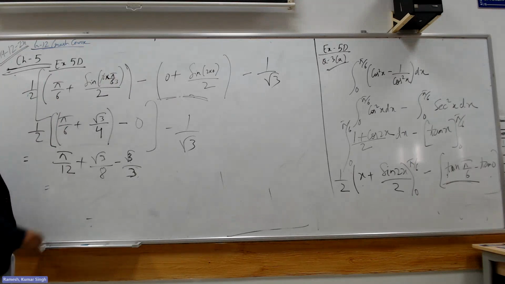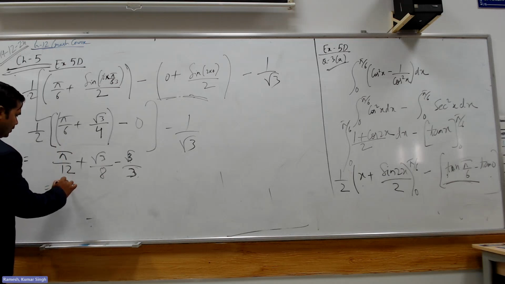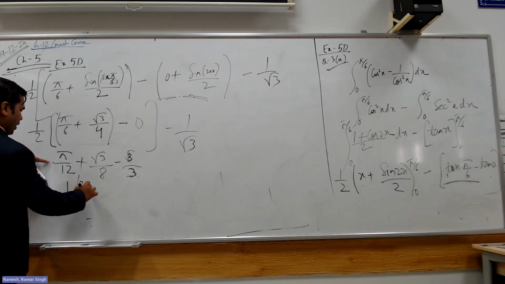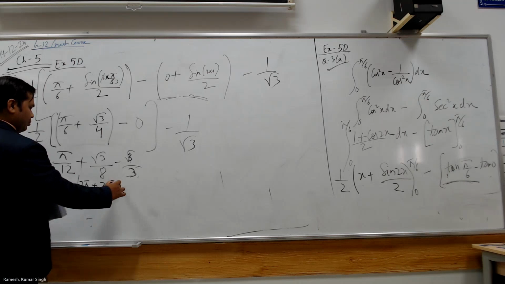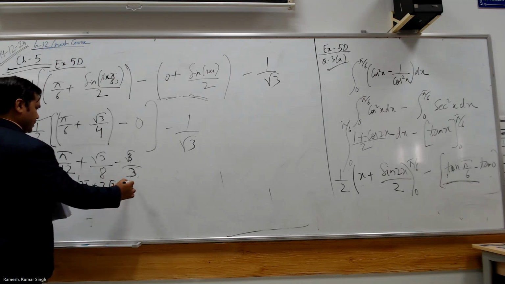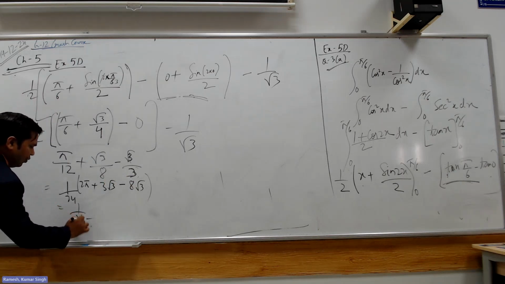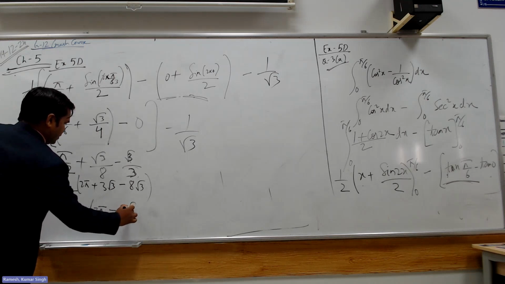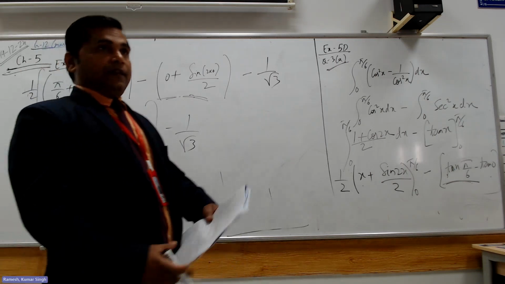The common denominator is 24, not 12. So it's going to be 24 here, 2 pi plus 3 root 3 minus 8 root 3. 1 over 24, 2 pi minus 5 root 3. This is the answer to it.